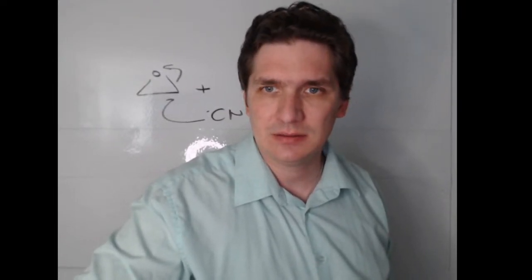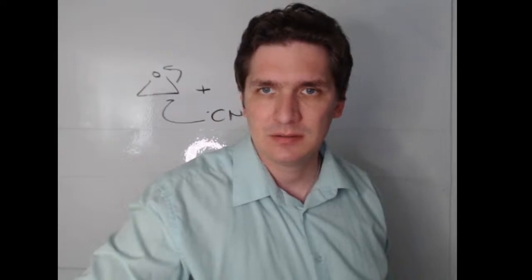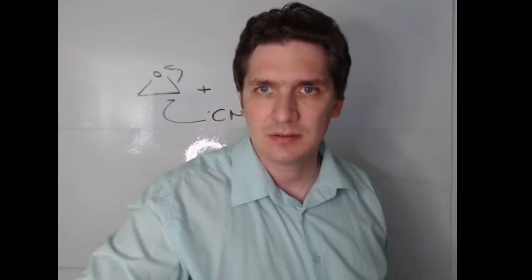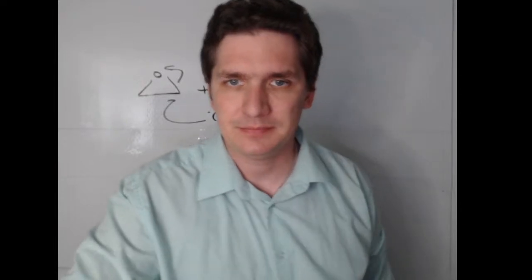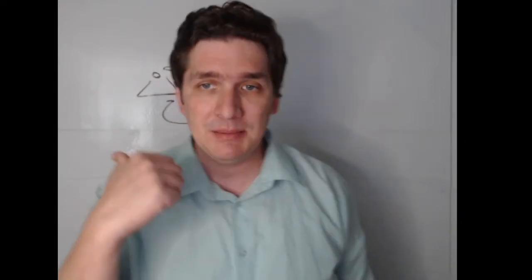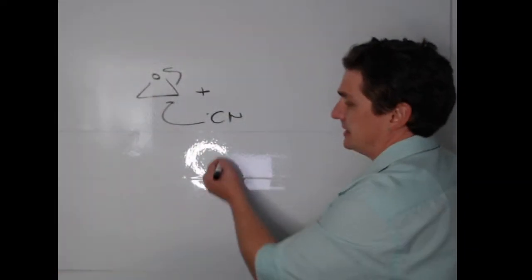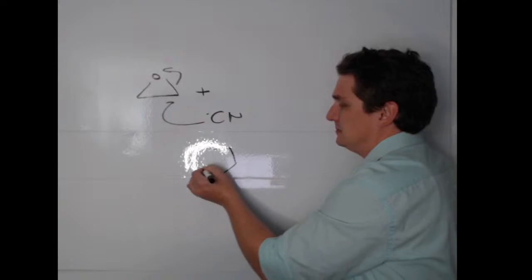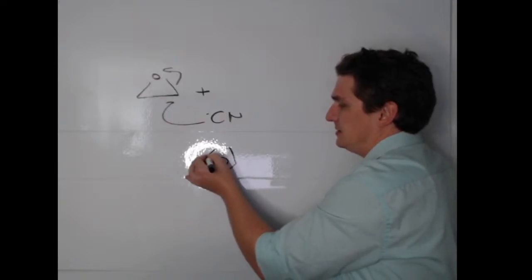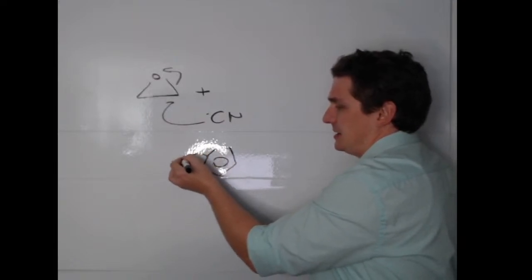68. Which of the following principal organic products form from the reaction of ethylene oxide with phenyllithium in diethyl ether? It's the same type of problem, but instead of having cyanide as your nucleophile, you've got this compound instead.